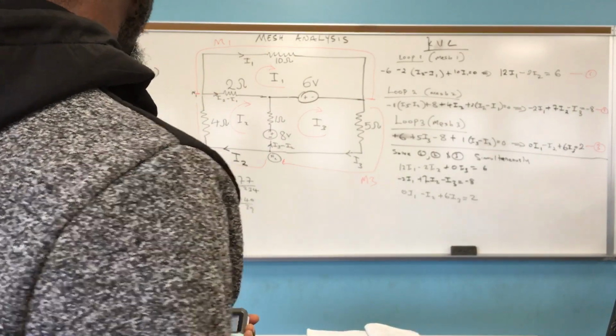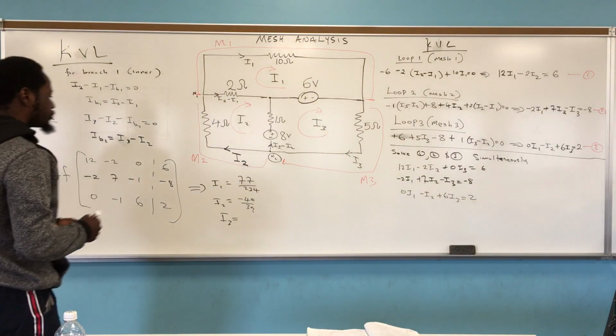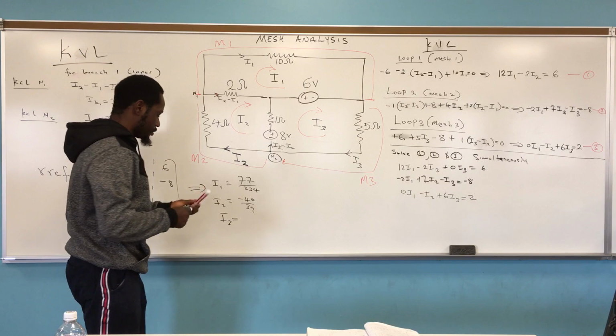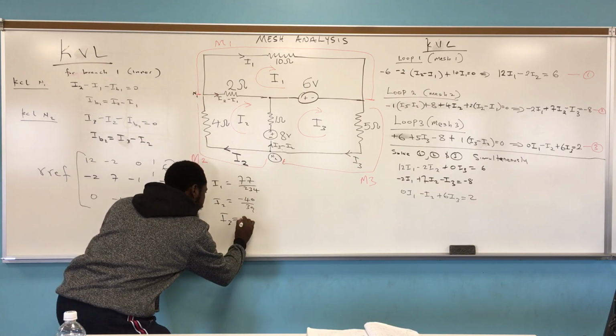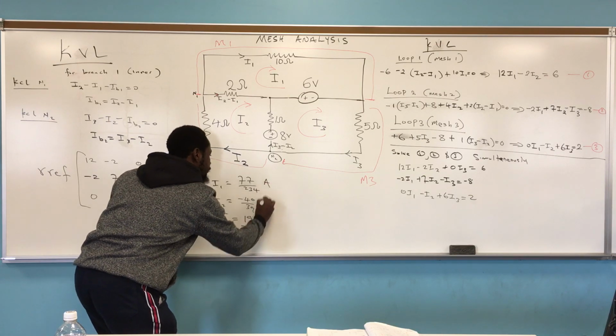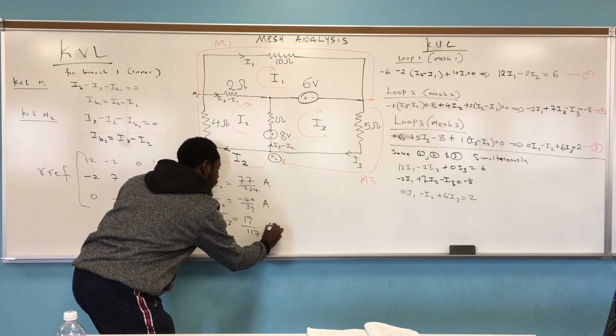Oh, it's possible. Okay, I guess it's fine. The last one is what? 19 over 117. 19 divided by 117, and these are currents, so the units are amperes.